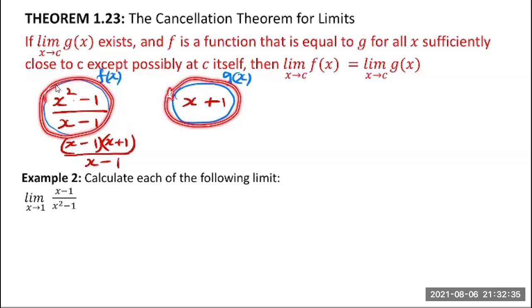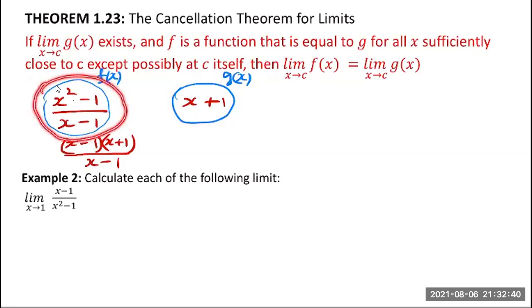If that is the case, if you want to find the limit of this function as x approaches 1, you just find the limit of the other function as x approaches 1. As you can see, this is a complicated function, and you find the limit of a simpler function to get the limit.